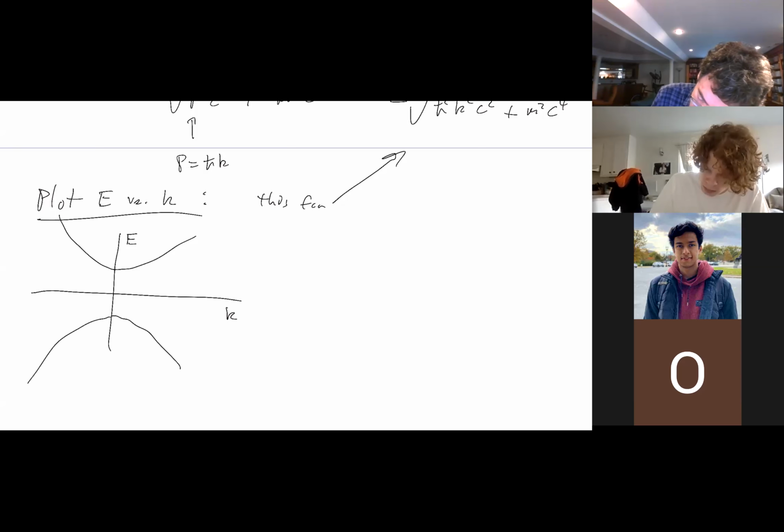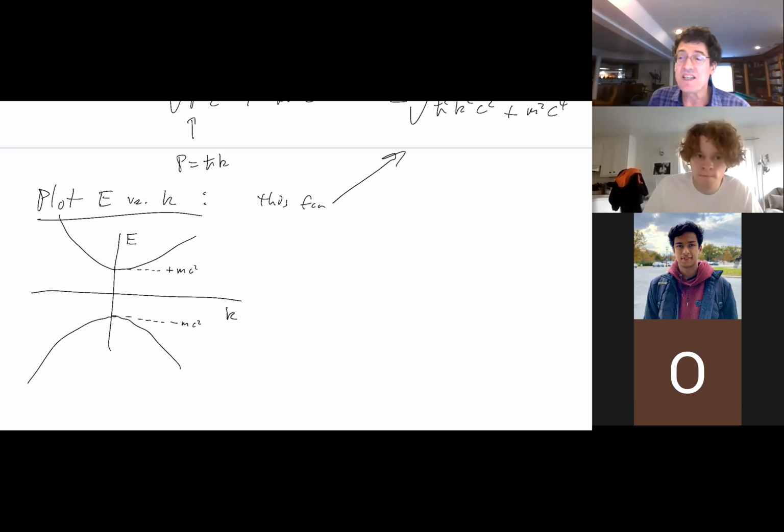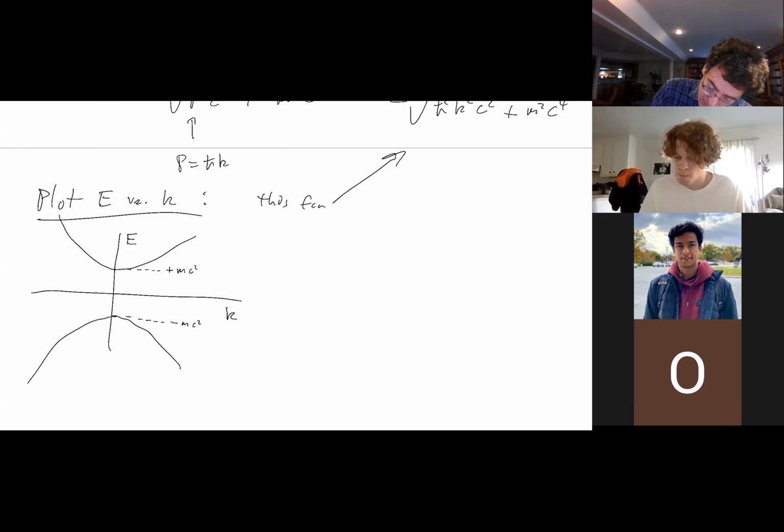This is plus mc squared, and this is minus mc squared. That's it. Those are the free particle eigenenergies. These are the positive energy ones, and these are the negative energy ones.